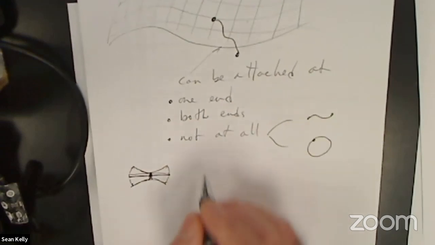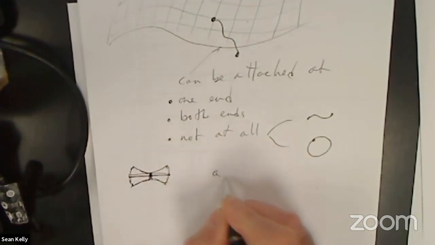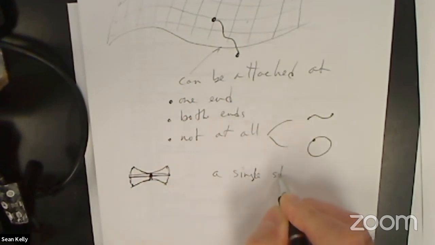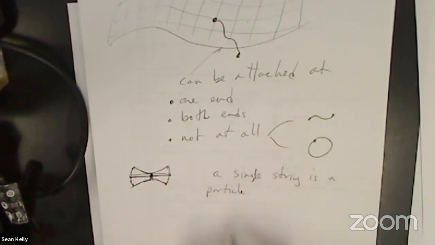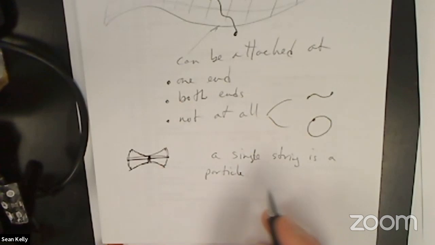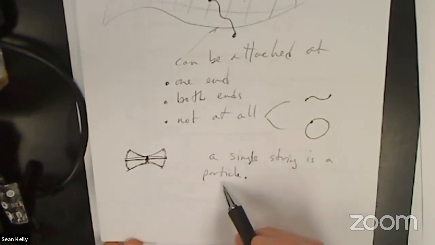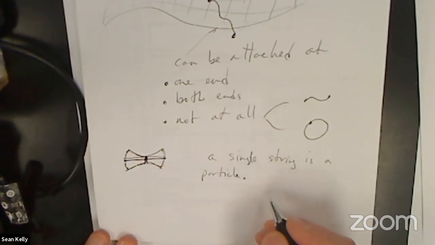And in string theory, you're going to hear some ideas, but it might be that a single string is a particle. It may be that a single string is a particle, but it may also be that the particles are not single strings, and in fact made up of several strings put together.